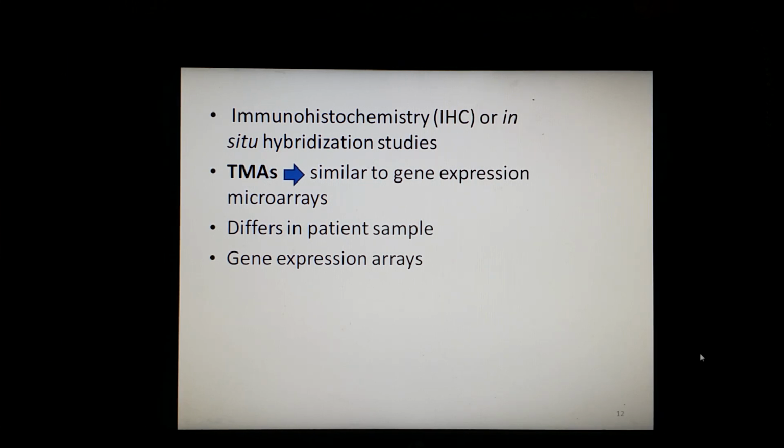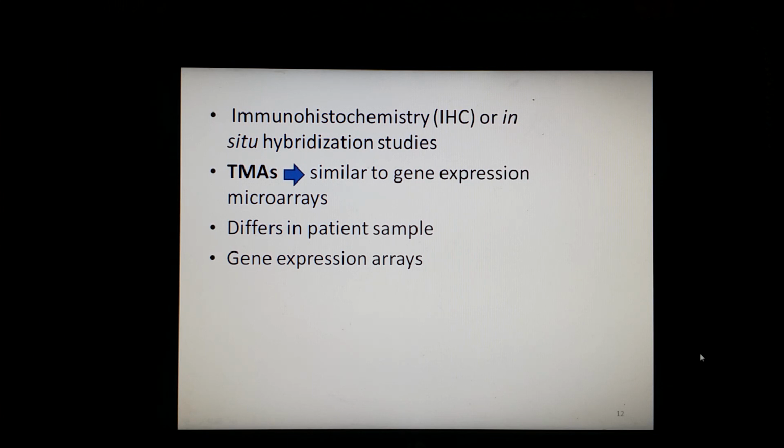Now let's see the similarities between the TMAs and the microarrays. The TMAs are similar to gene expression microarrays because in them the samples are arrayed in rows and columns on a glass slide. But the difference is that each element on the TMA slide corresponds to a single patient sample, allowing multiple patient samples to be assessed for a single molecular marker in one experiment.